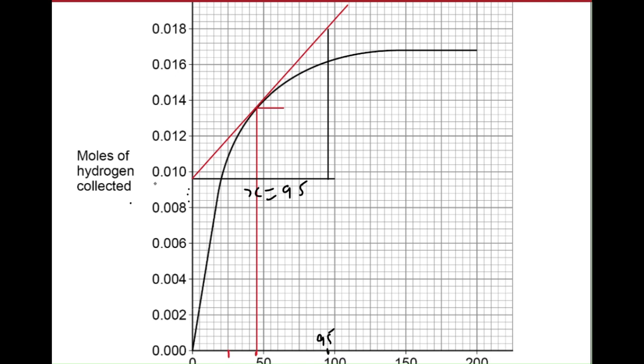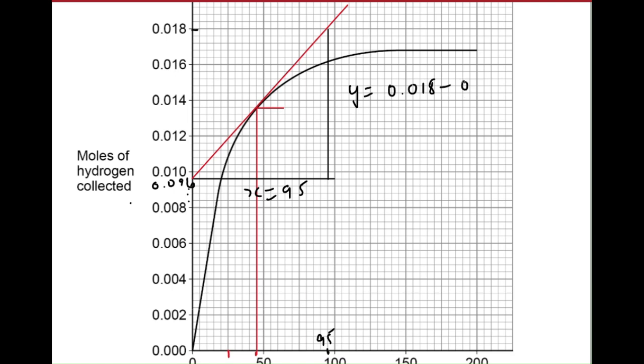Now the y starts here, so this is 0.08. Each one of those is 0.0004, so that's 84. Add it all up, that comes to 0.0096. I've missed a zero out, but hey ho.